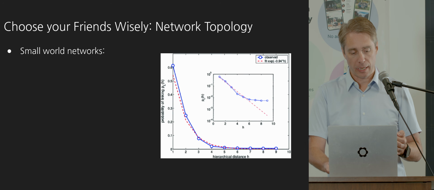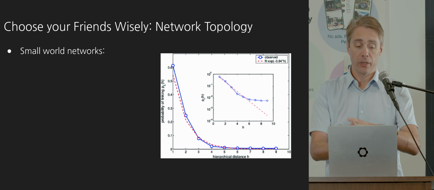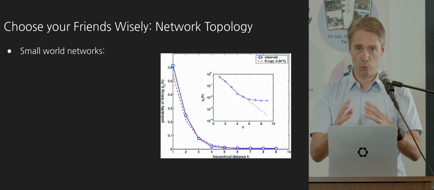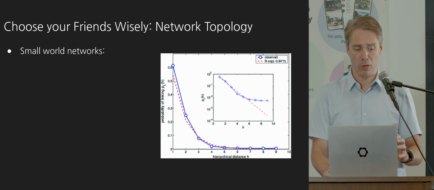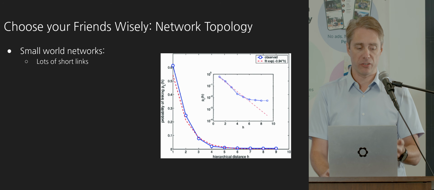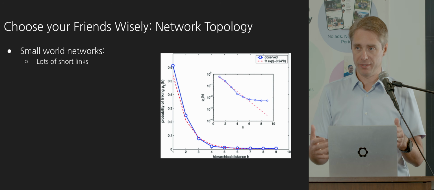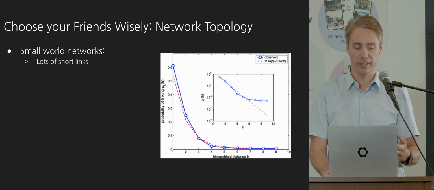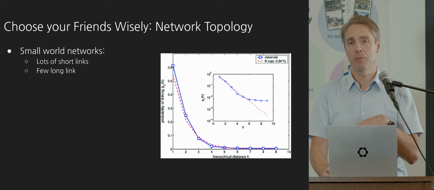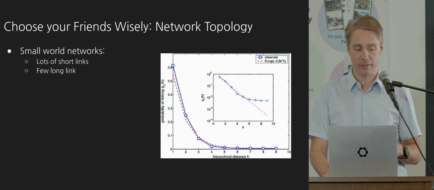It turns out that the reason this routing works is because Freenet peers form a small world network. What that essentially means is that peers that are close together are quite densely connected. A peer that's close to you, you're quite likely to be connected to, and a peer that's very distant, you're much less likely to be connected to.